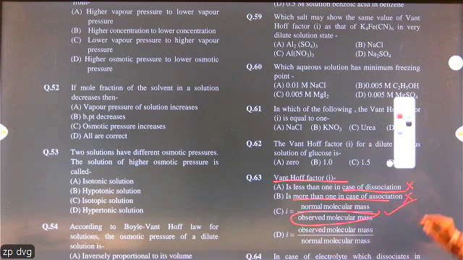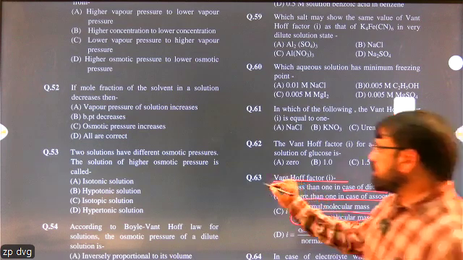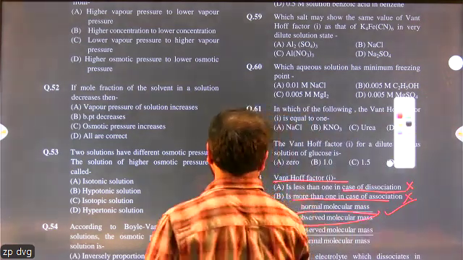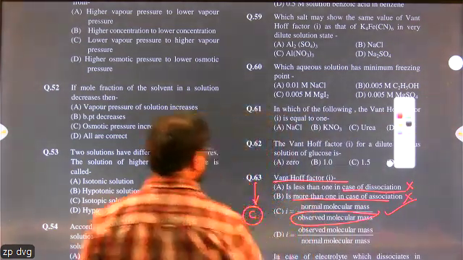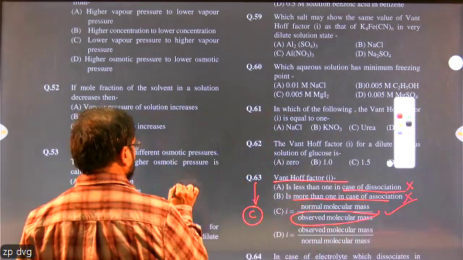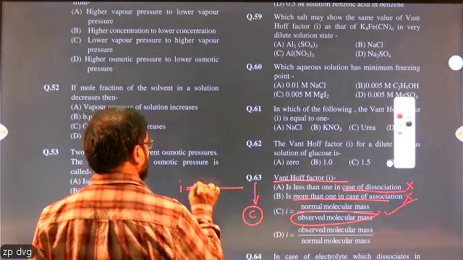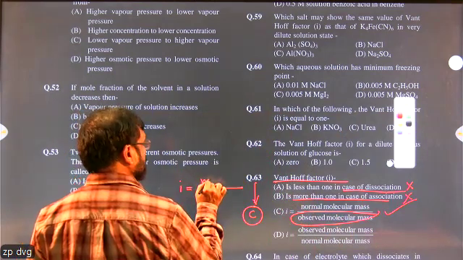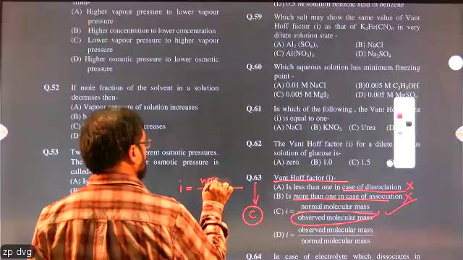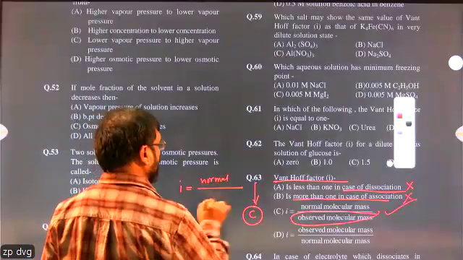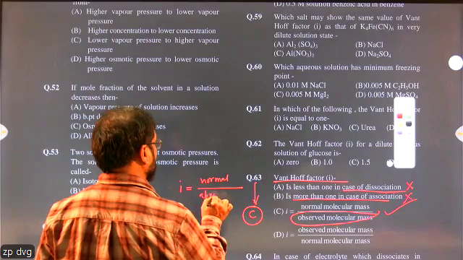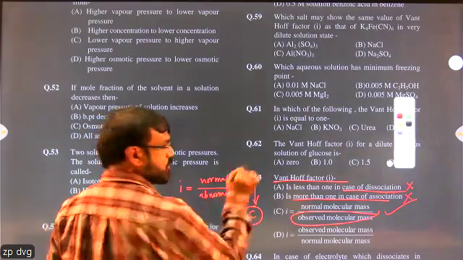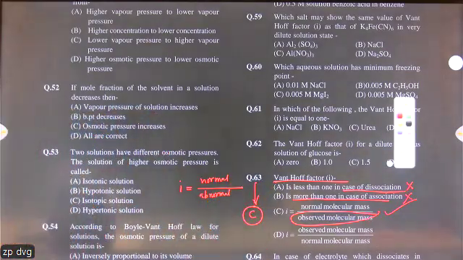So for question 63, option C is the correct answer. The Van't Hoff factor is a ratio between normal molecular mass and abnormal molecular mass.